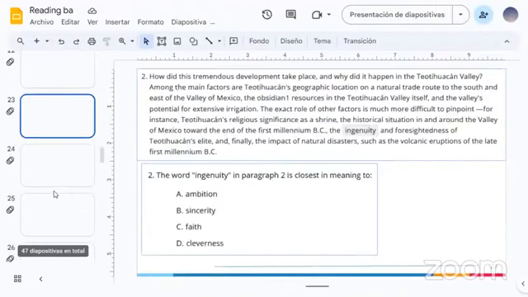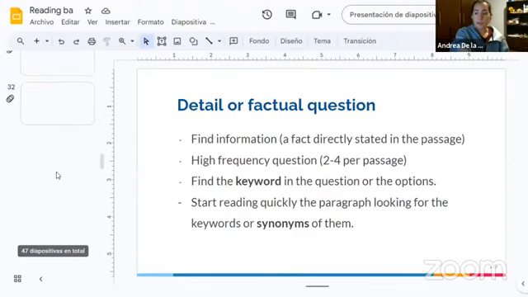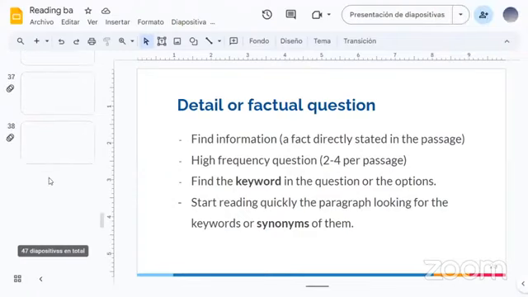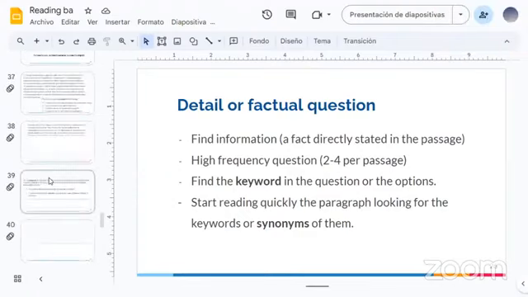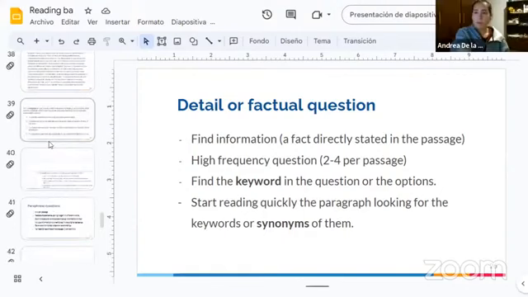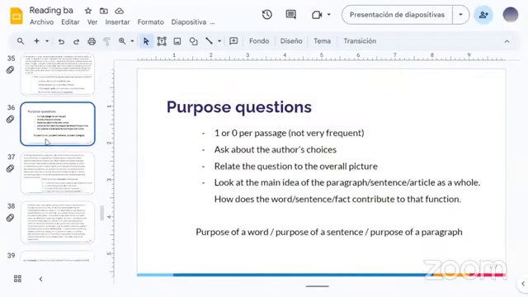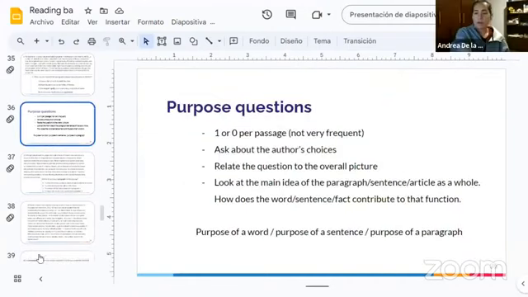What did you ask, Andrea? Sorry. Have we already seen paraphrase questions? I don't think so. Because I do remember that we have seen purpose questions, right? Yes. Okay, so we are here.